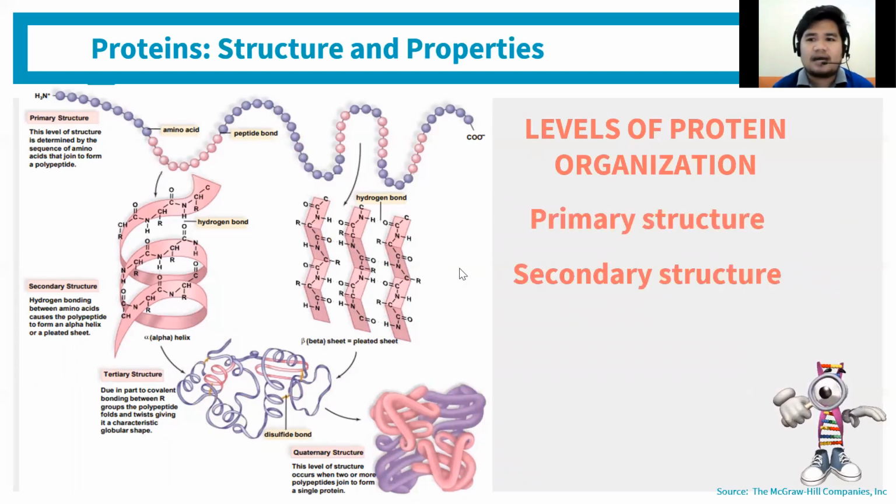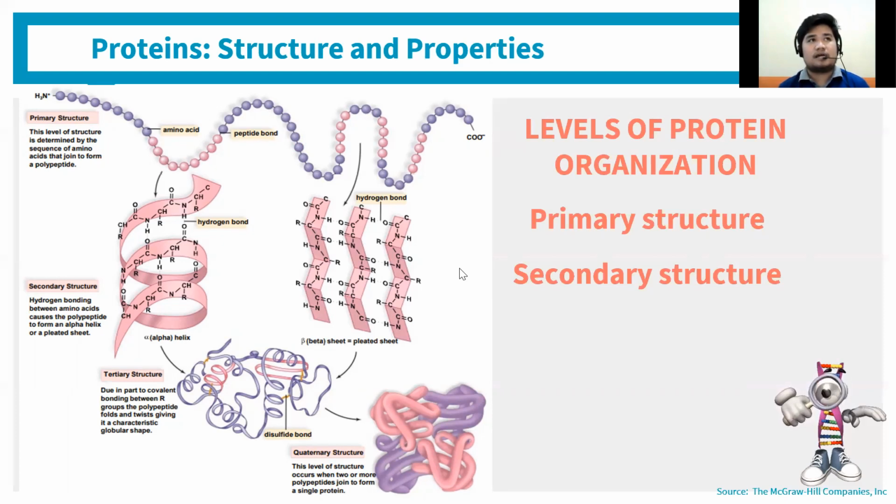Minsan, dahil sa sobrang haba ng sequence ng polypeptide, itong polypeptide na yan, yung parang ahas dyan sa taas, yung ibang part, naa-attract siya dun sa ibang part. Kaya nabubuo yung dalawang type ng secondary structure. Pwedeng parang twisted ladder, parang alpha helix. Or pwede siyang pleats or beta sheets or beta pleated sheets.